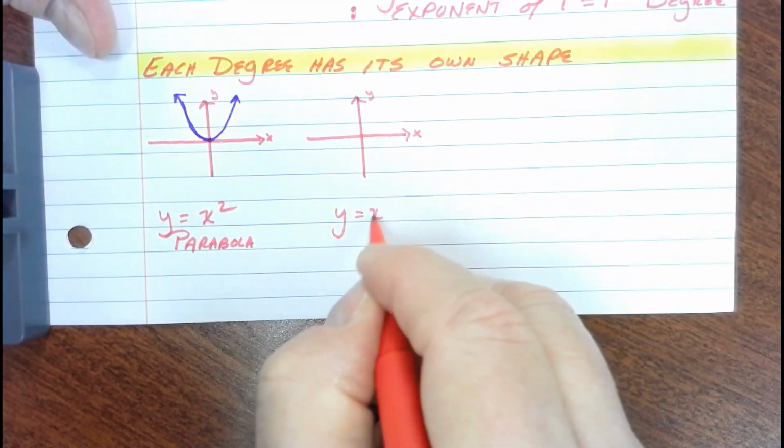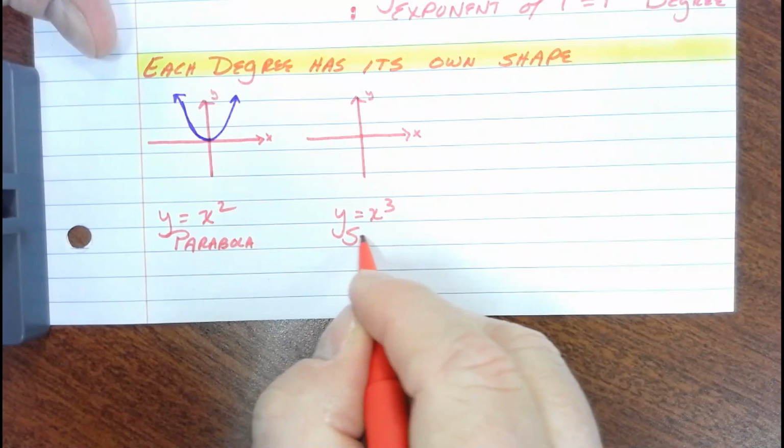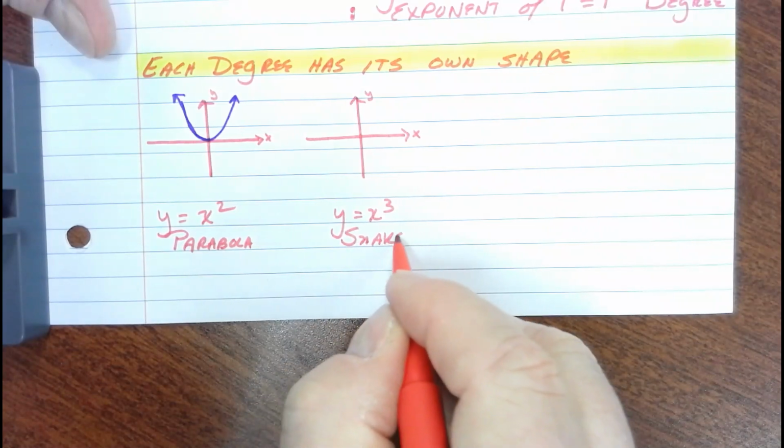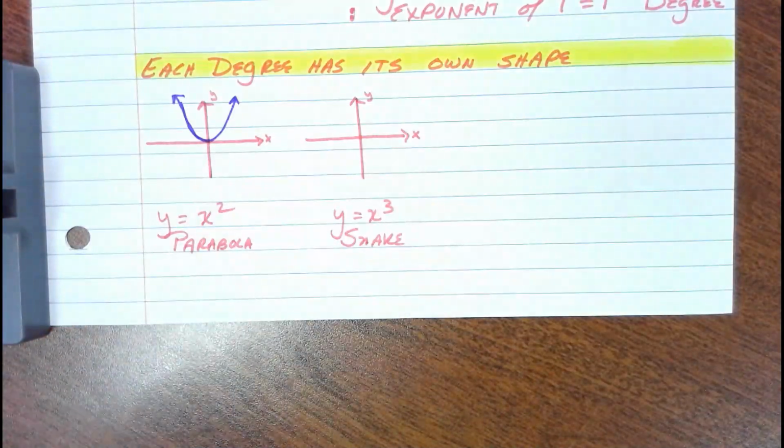Y equals x cubed has the shape of a snake.